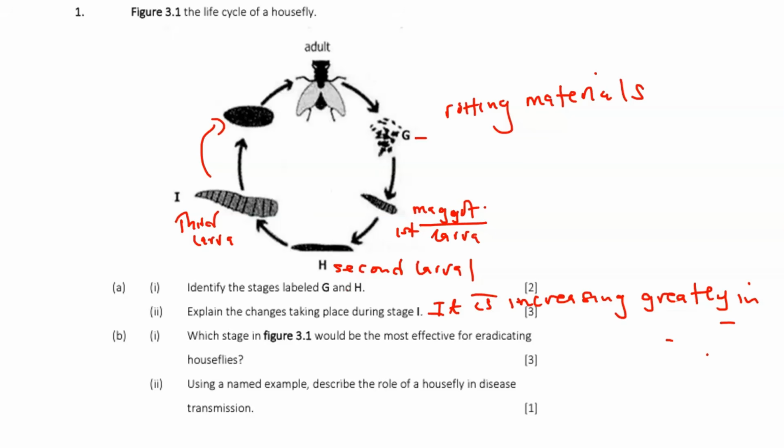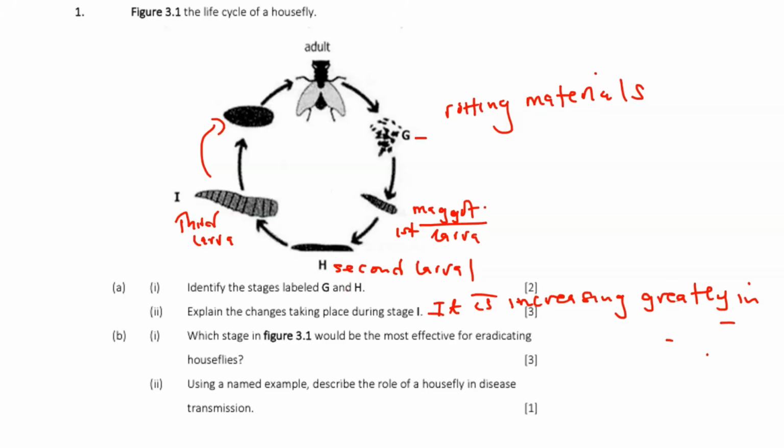So let us answer now question B1. Which stage in figure 3.1 would be the most effective for eradicating houseflies? So for getting rid of houseflies, which stage would be the most effective?